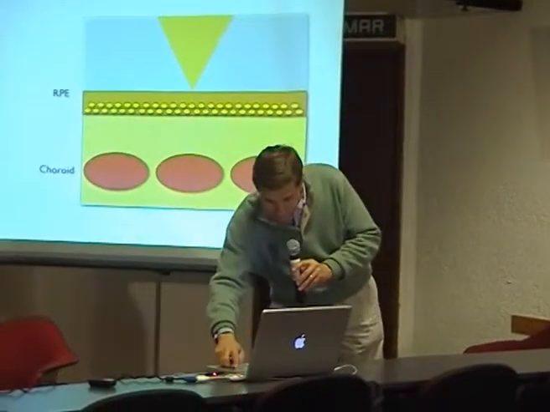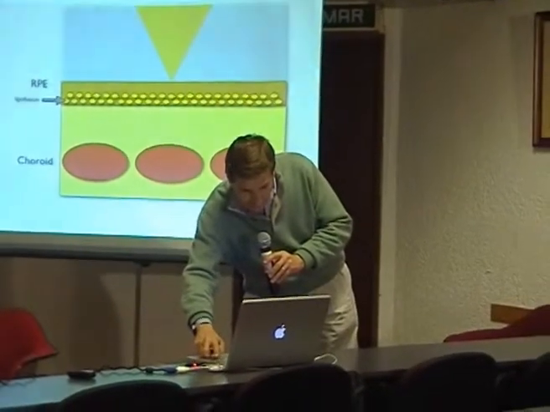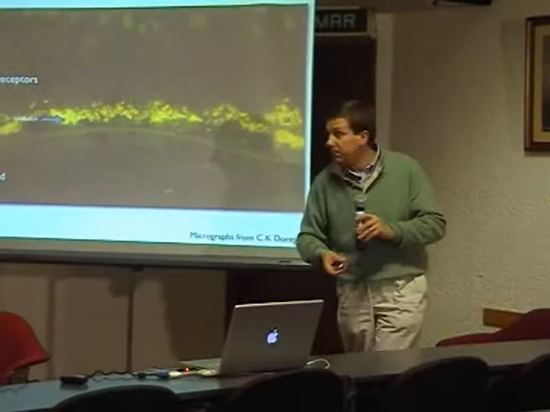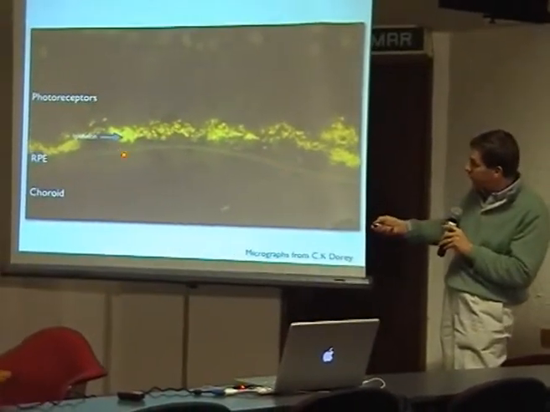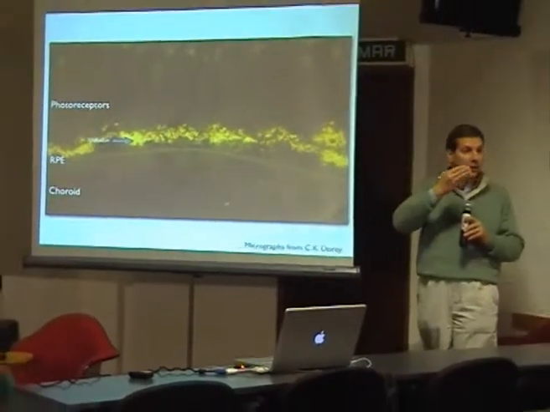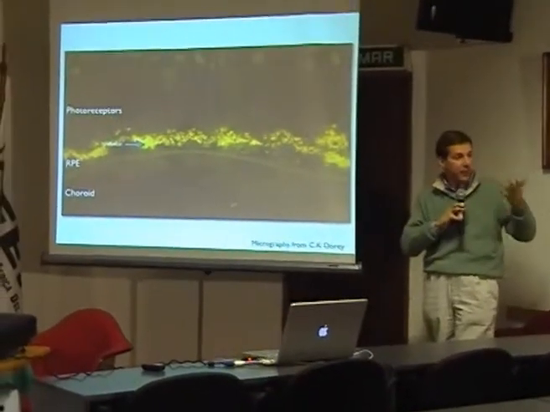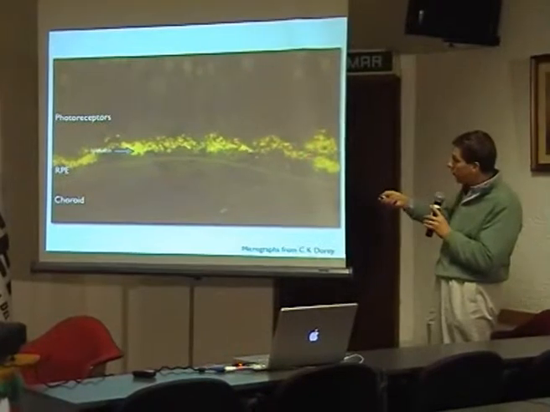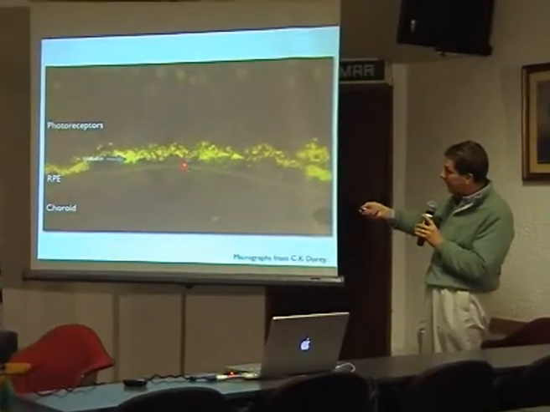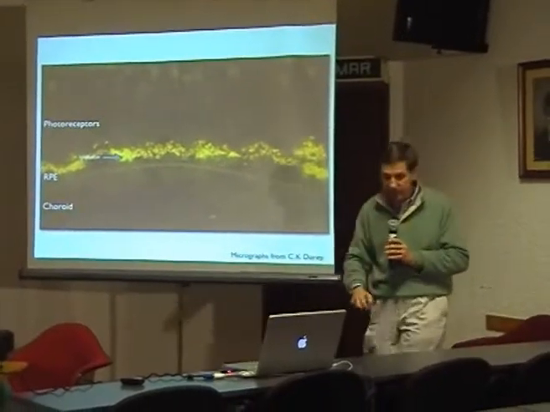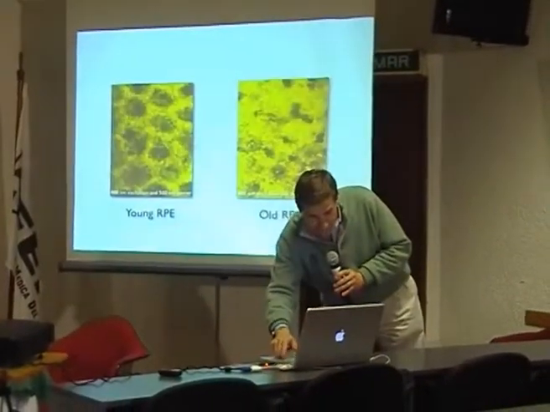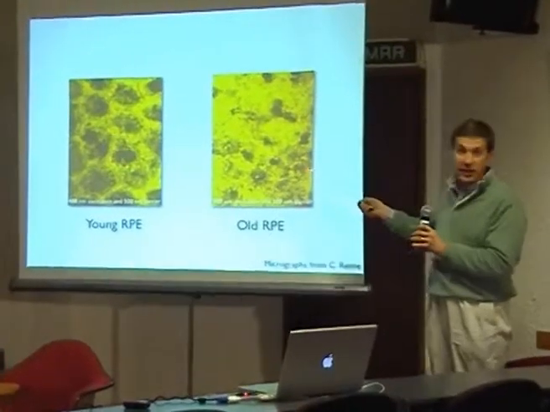Okay, so what is lipofuscin? This is a specimen where you see Bruch's membrane taken with a fluorescent microscope. And here are all the granules that are inside the RPE cells, and these are lipofuscin. Lipofuscin actually increases with age.